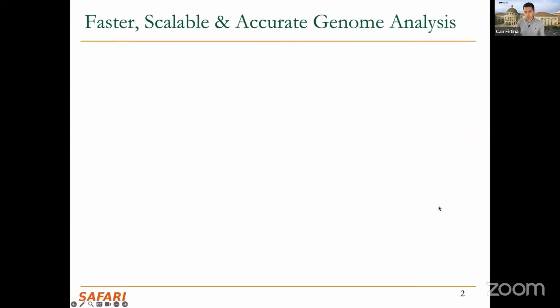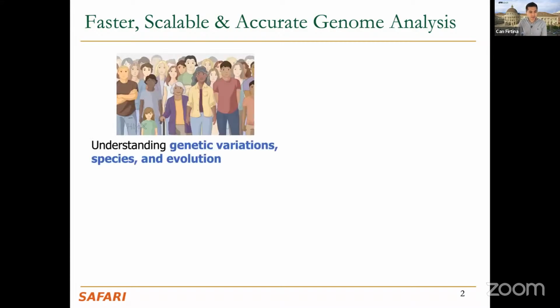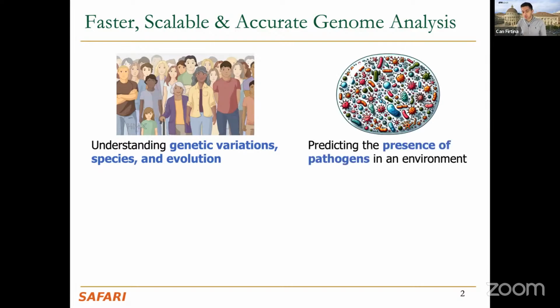Initially, I want you to recall the slide that I also showed last week: we need faster, scalable, and accurate genome analysis, and there are many reasons for that. One reason is it is very important to understand genetic variations, species, and evolution. It is also important for us to predict the presence of pathogens in an environment, since there can be organisms that are harmful for us.